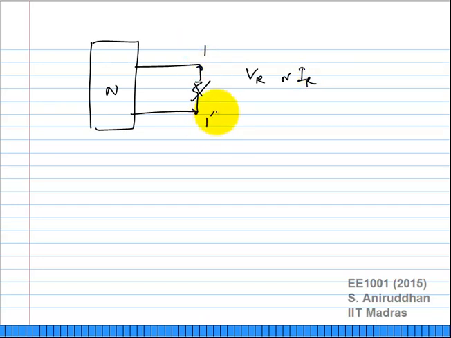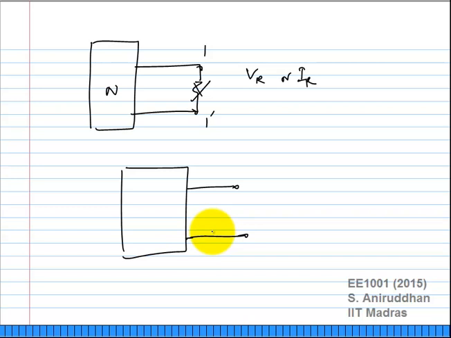Now, I can just take the network, leave the resistor inside, and take out 1 and 1 prime. If I do that, what will happen to the Thevenin? There is no more substitution theorem here. I can just find the Thevenin equivalent across 1 and 1 prime. That will obviously be different because now I have the original resistor as part of the network.